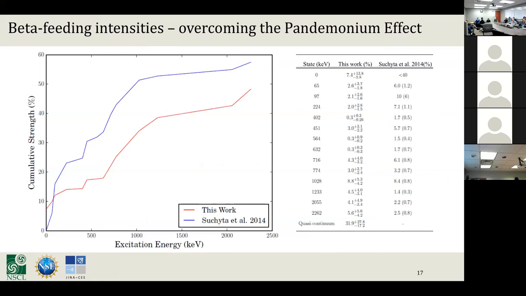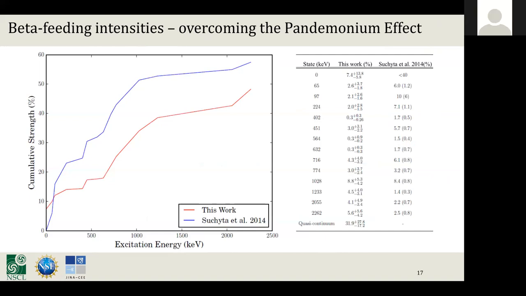Assuming you have like 2 weeks of beam time, so not unlimited beam time, almost everything is accessible now.